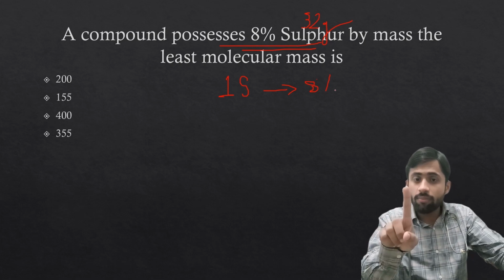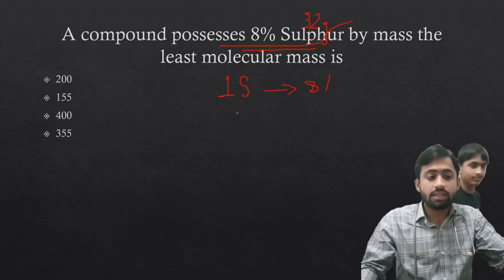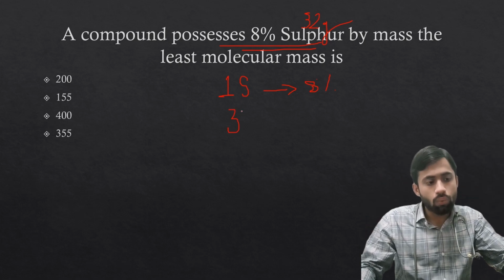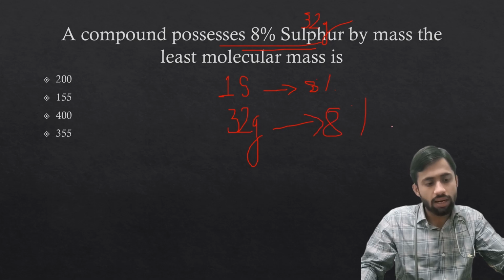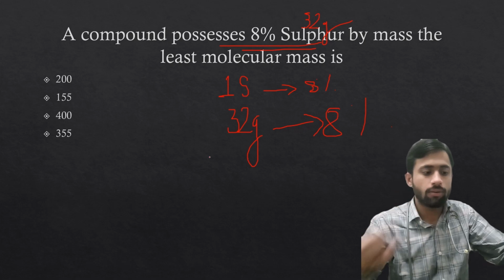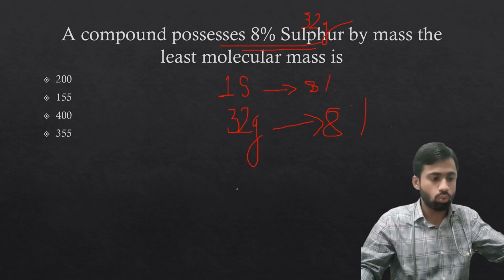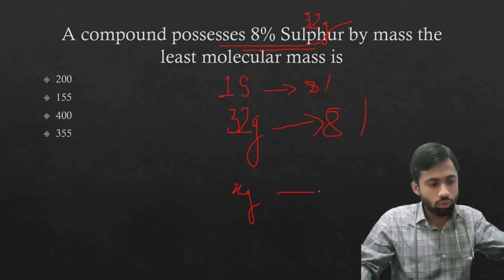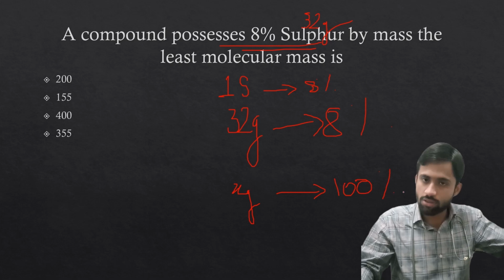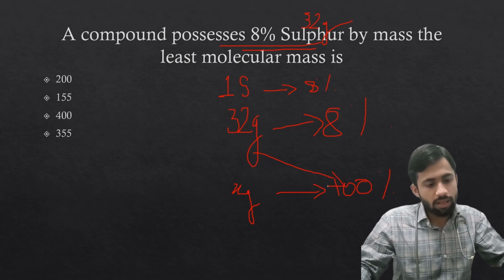If the molar mass of sulfur is 32, then 32 grams will make up 8%. So how many x grams will make 100% of that particular compound? Let's cross multiply the things up.